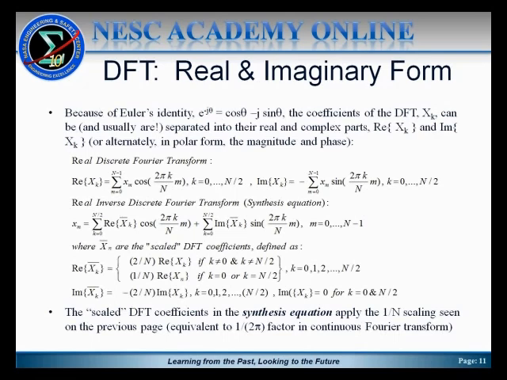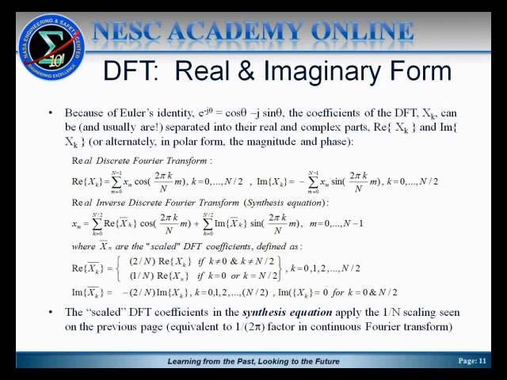The real part in the synthesis equation that's used to reconstruct the sequence x sub m is denoted as Re of X sub k with a bar over it, and the imaginary part to the right of the equation is Im of X sub k with a bar over it. The barred X sub k parameters are the scaled DFT coefficients as defined at the bottom of this slide.